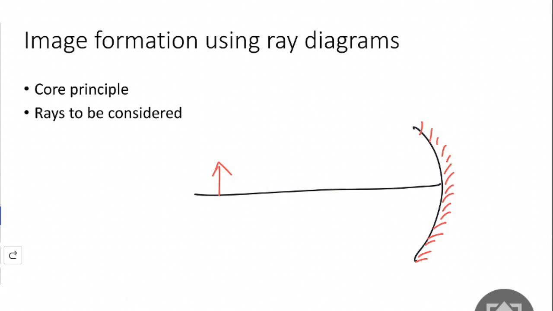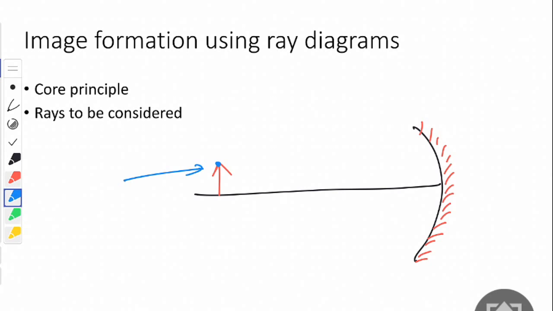Let's see, I'm not even talking about the whole arrow. Let us say I take the tip of the arrow, this point. The question is, where will the image of this tip be formed? How do we find out? You have to think and tell me. I'll give you half a minute or 45 seconds to think about it.